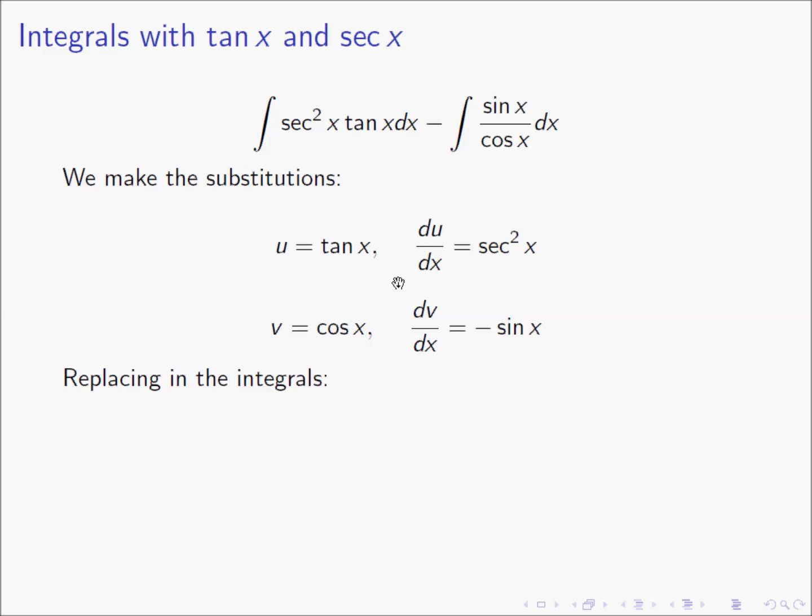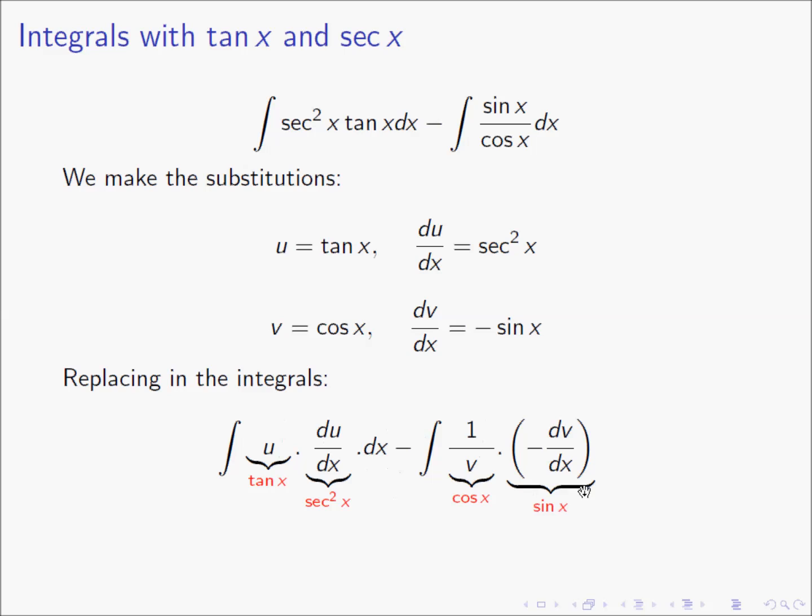So we replace these variables in our integrals. In the first integral we have u, that equals tangent of x, times du over dx, that's secant squared of x, times dx. In the second integral we have 1 over v, because v equals cosine of x, times sine of x that we can write as minus dv over dx times dx.